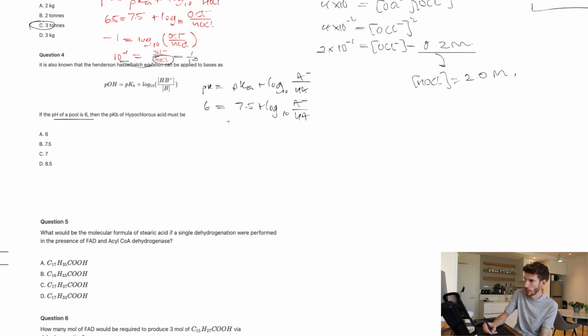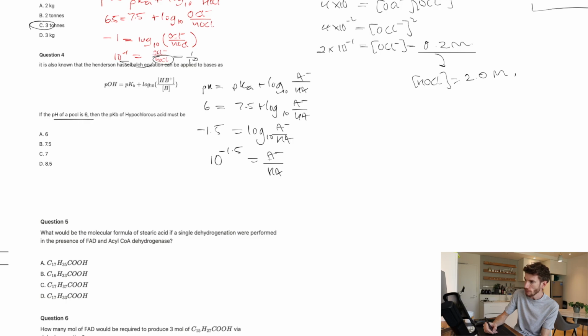And so we can minus the 7.5 across, and we get negative 1.5 is equal to log 10 of A negative over HA. And then from there, 10 to the negative 1.5 is equal to A negative over HA.